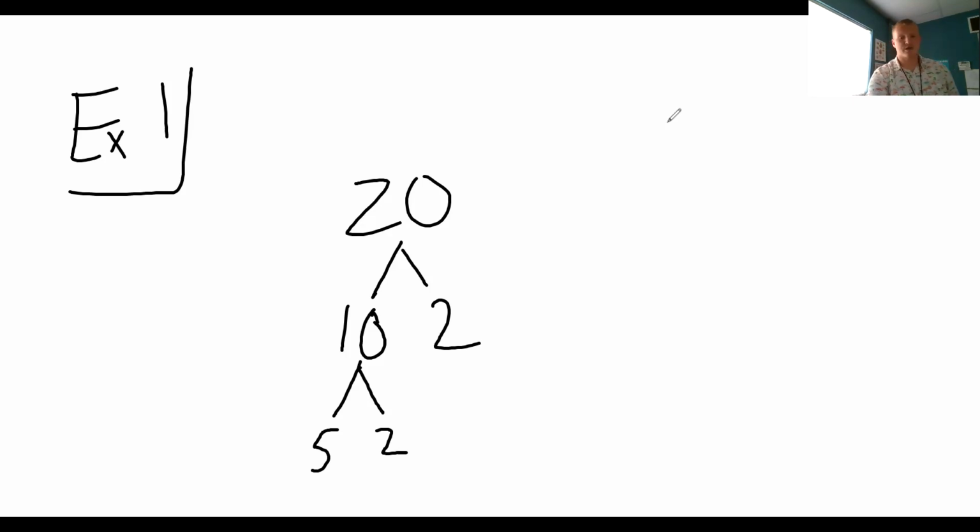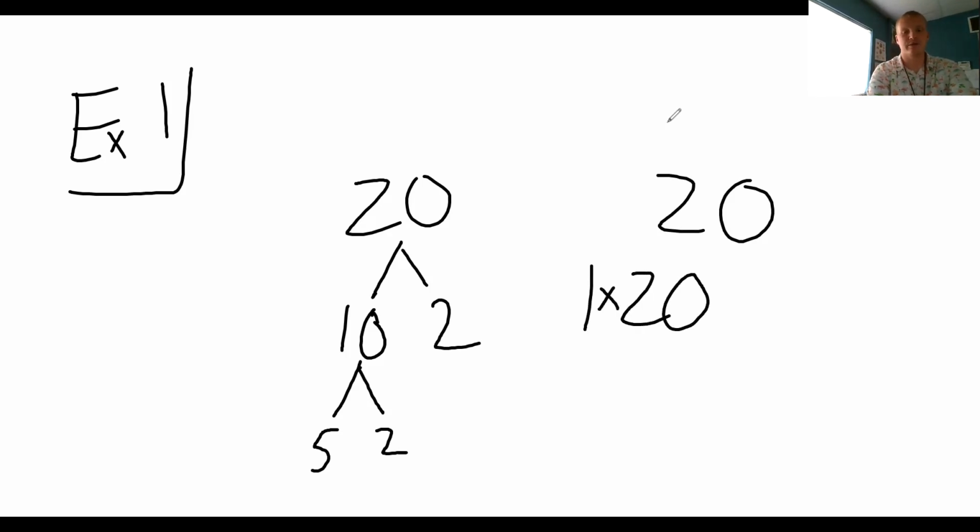My factors of 20 would be all the numbers that multiply to equal 20. So my list would be, first off, 1 times 20. Like Evan said, 2 times 10. And then I also have 4 times 5.